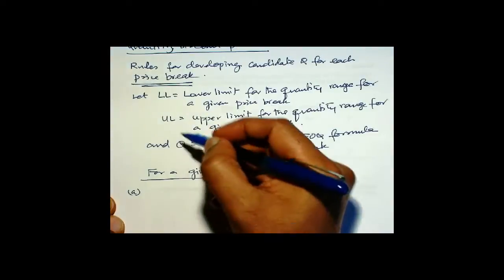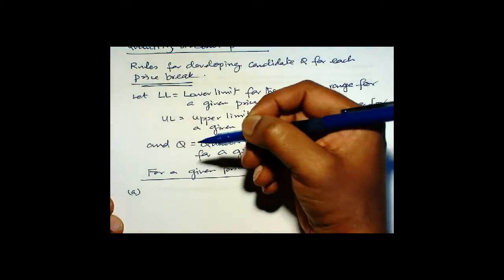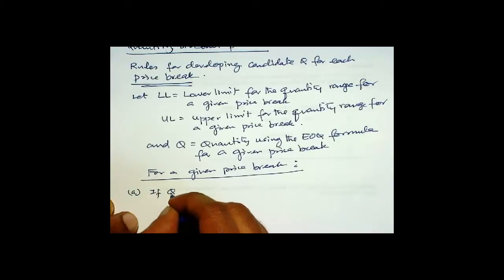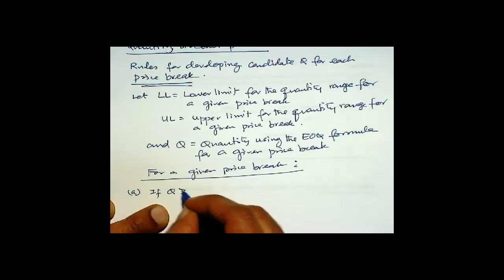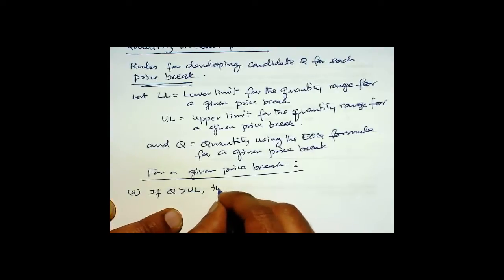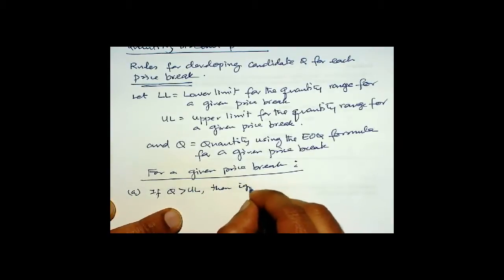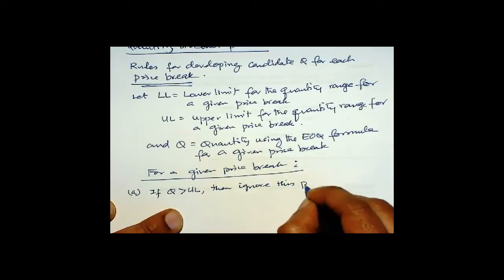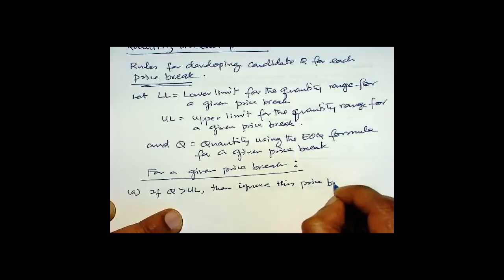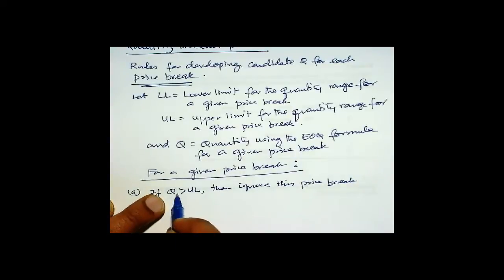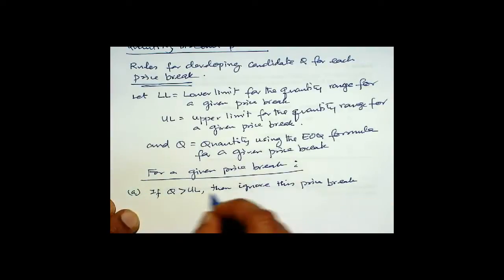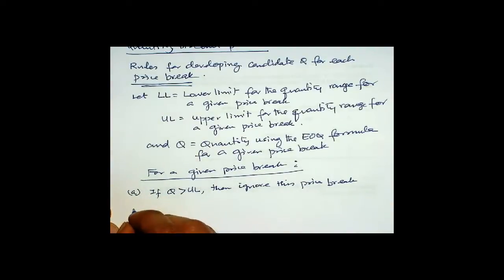So we'll start with Q being above the upper limit. So if Q is greater than the upper limit, then we can just ignore this price break. So even for a smaller quantity we can get the better price. So there is no need to worry about this price break at all.